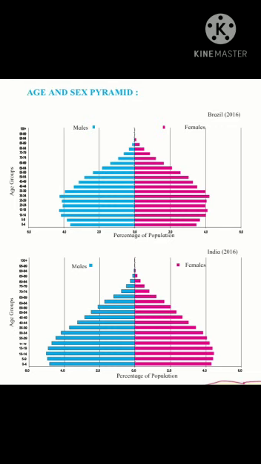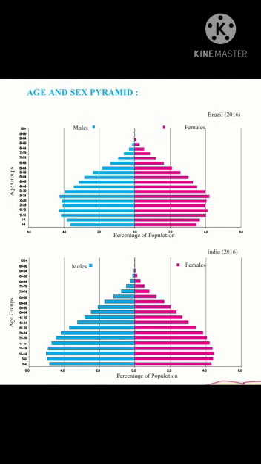It is also known as population pyramid, and it is used to study the age and sex related aspects of a region's population. Does that mean that we can know the number of percentage of various age groups of males and females in the country? Yes, of course.